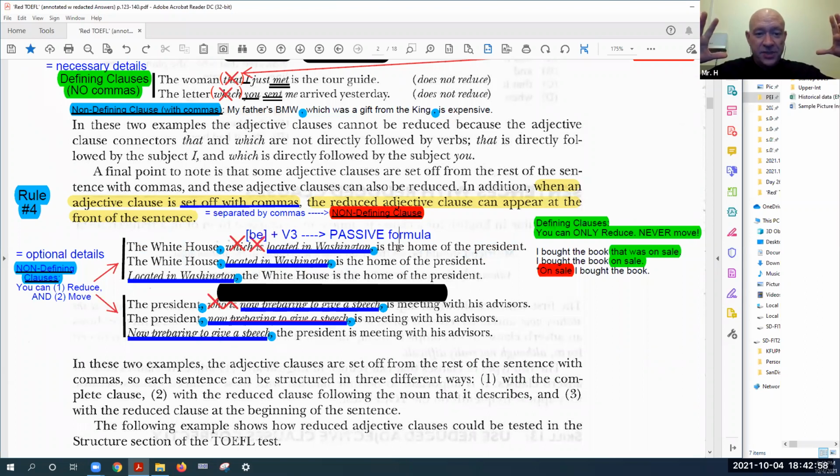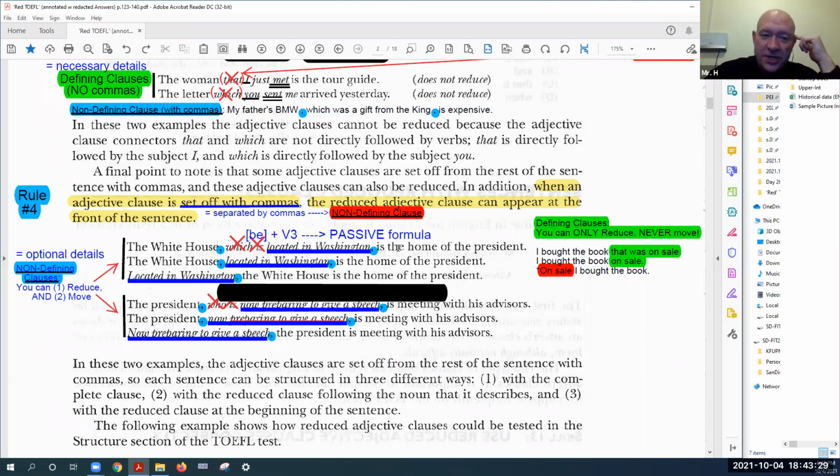It's complete. But the second is reduced. It's decreased. We don't have a connector subject and we don't have a be verb. But does the meaning change? No, it's exactly the same. Now, there's one more possible step. It's an optional step, but it's possible.